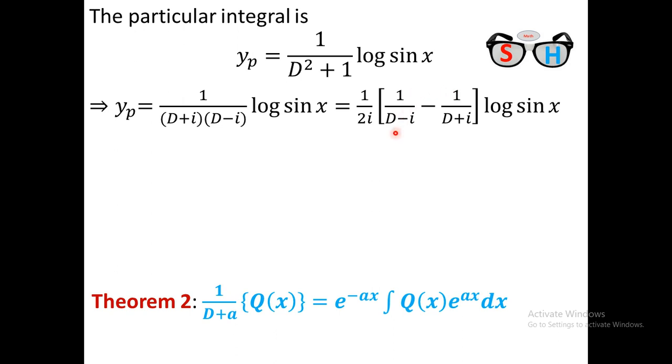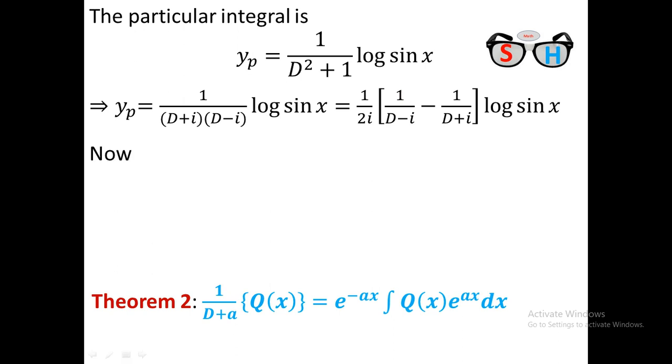So we have 2i over (D plus i)(D minus i), and we have to adjust the 2i, so I divide by 2i. Therefore this can be expressed in that form, 1 by 2i of that, and this is the Q(x), the same. Now we have to calculate 1 by (D minus i) of log of sin x and 1 by (D plus i) of log of sin x.